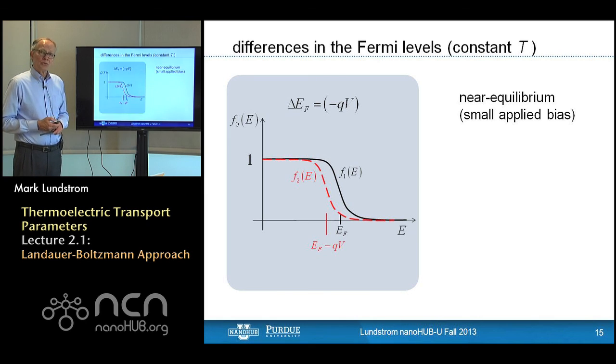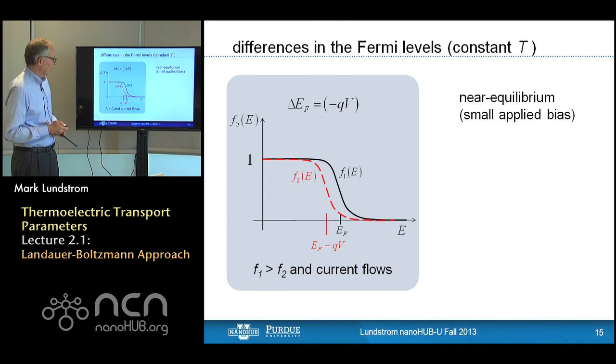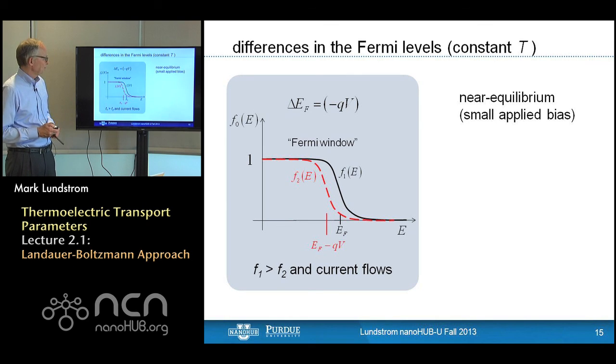If contact 2 has a lower Fermi energy, because we've applied a positive voltage, we'll just shift everything to the right. And now you can see that there is an energy region over which F1 minus F2 is positive and current will flow. So an applied voltage at the same temperature between the two contacts leads to current flow.